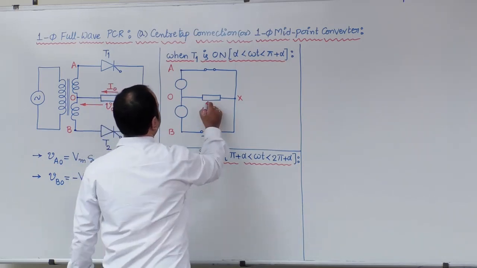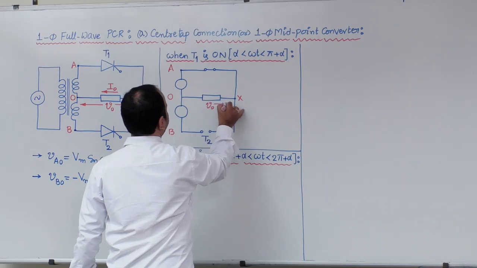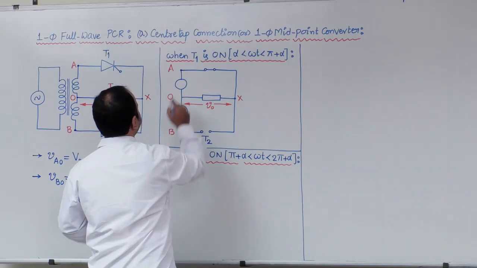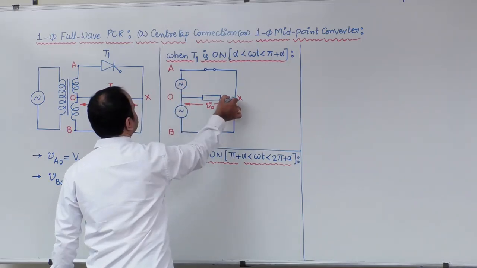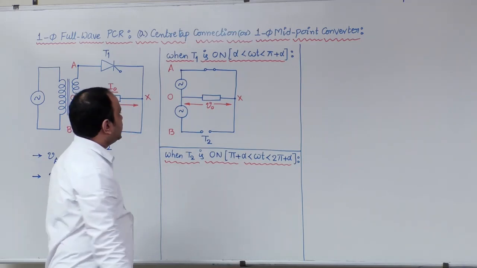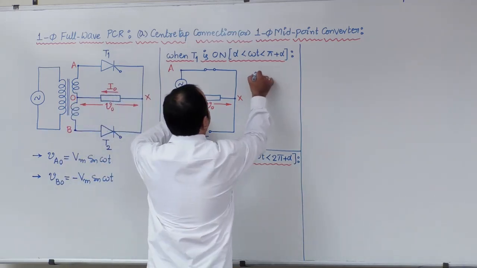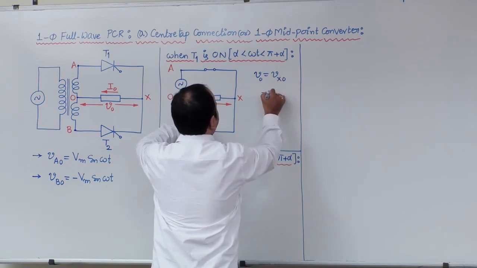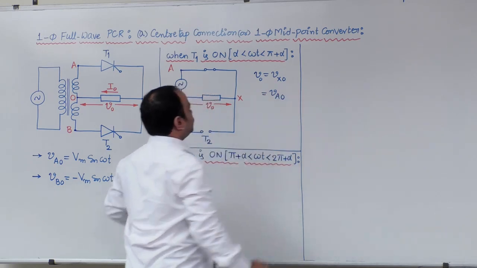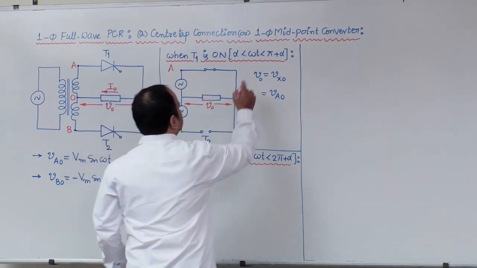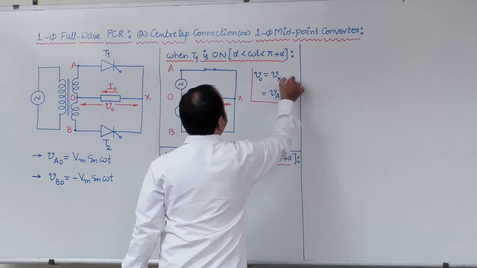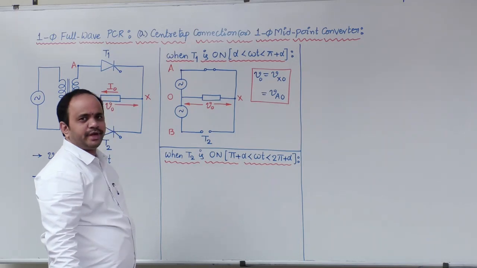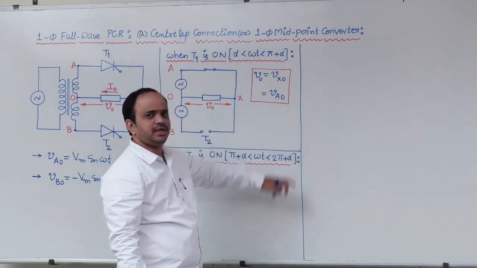Therefore, what is the output voltage in this scenario? The X terminal is connected to source terminal A. Therefore, I can write V0, which is measured across X and O, equal to VAO. So in this first half cycle, that means alpha to pi plus alpha, the output voltage V0 is equal to VAO.